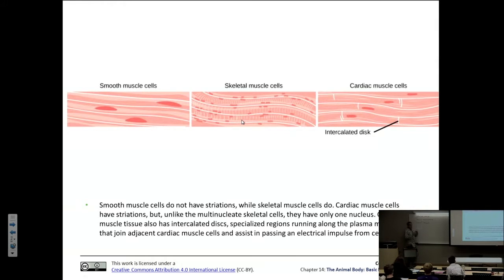So a muscle tumor would be a sarcoma. And inside the muscle cells, instead of having endoplasmic reticulum, the muscle is going to have sarcoplasmic reticulum. We'll talk about its function in just a minute. What do you suppose that is?